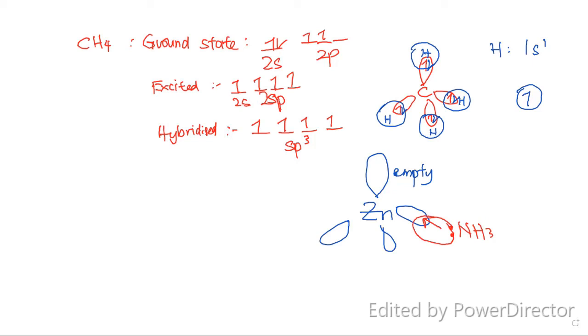Because one orbital can only be occupied by 2 electrons, when you overlap, the lone pair of electrons from the ammonia will form a dative bond to the zinc and overlap with the empty orbitals inside the zinc. So that is more or less the concept of valence bond theory in the formation of the complex.